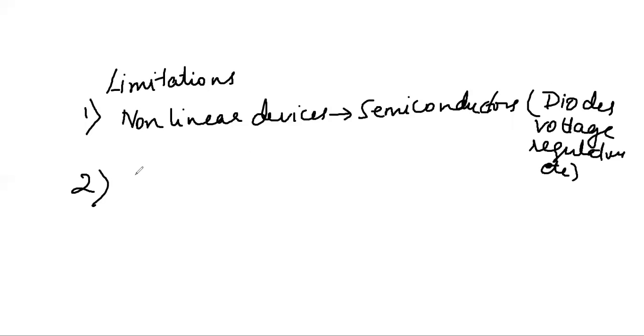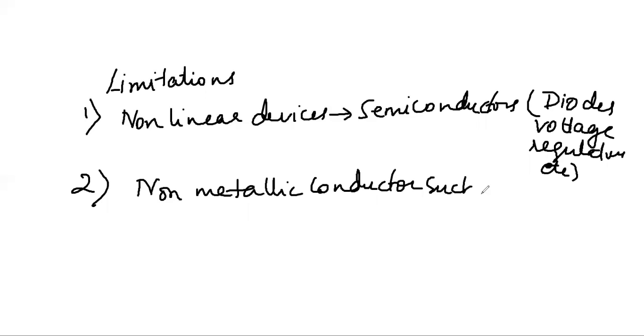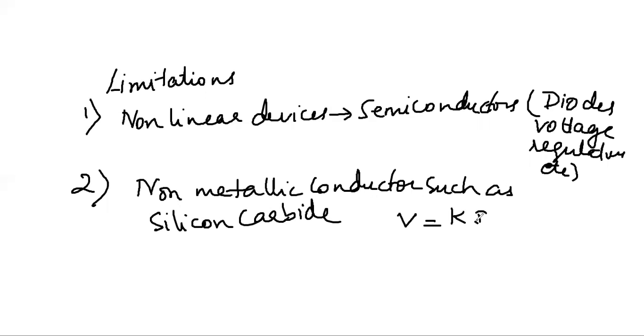Second limitation is it does not hold good for non-metallic conductors such as silicon carbide, whose characteristic is V is equal to K I to the power of M, where K and M are constants.